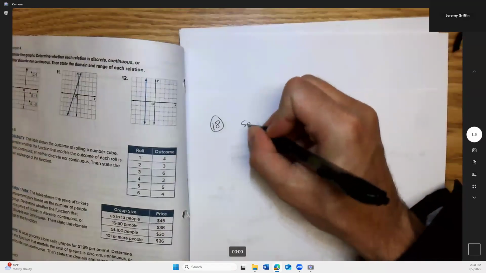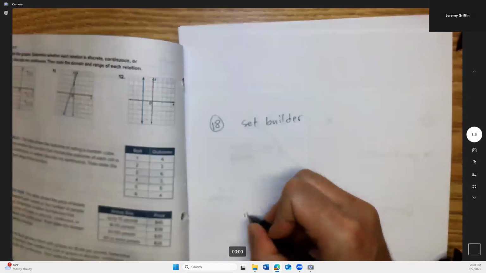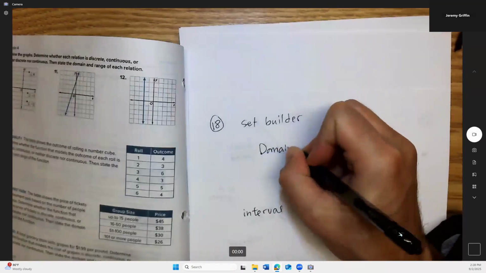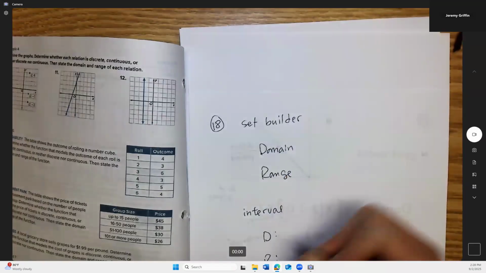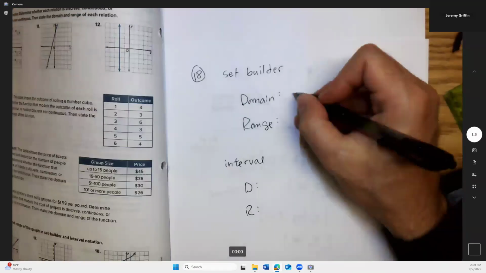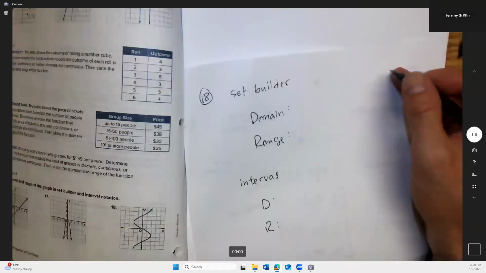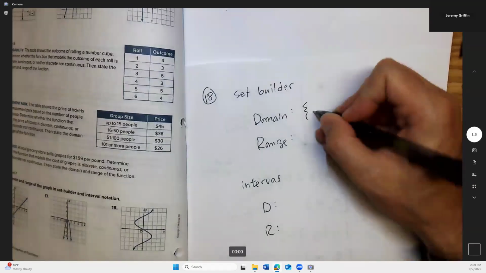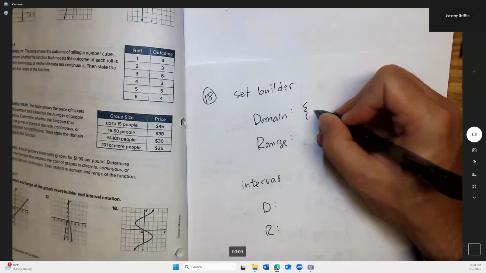So let's do set builder. And then I'll go interval down here: domain, range. Okay, so let's start with set builder. What's the first thing you write for set builder? Yeah, curly bracket. And then since we're talking about domain, what letter goes here? x.